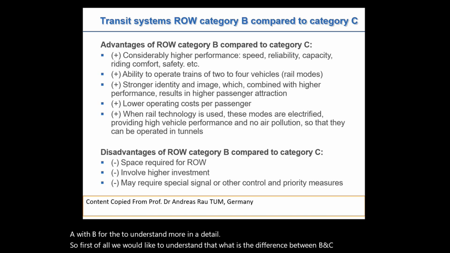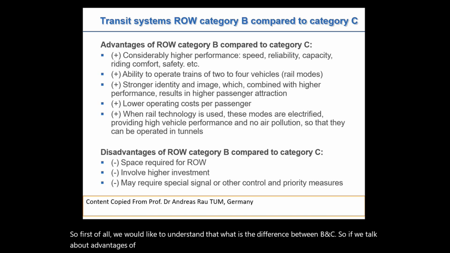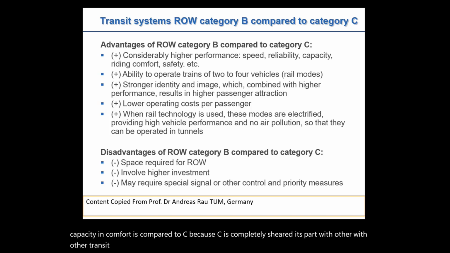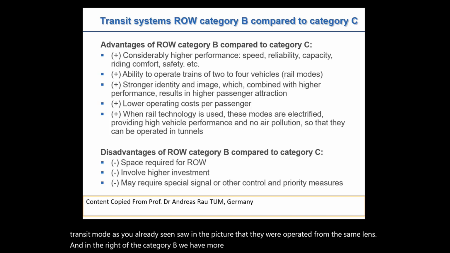So if we talk about the advantages of B, B has higher performance in terms of speed, reliability, capacity, and comfort compared to C, because C completely shares its path with other transit modes. As you already saw in the picture, they were operated from the same lanes. And in right of way category B, we have more ability to scale it up.